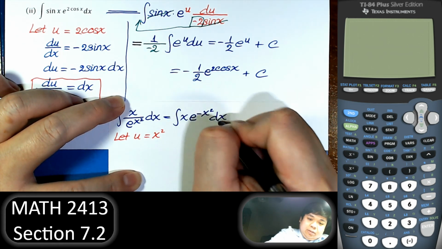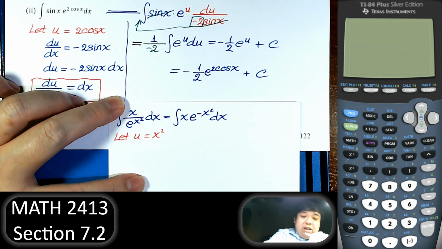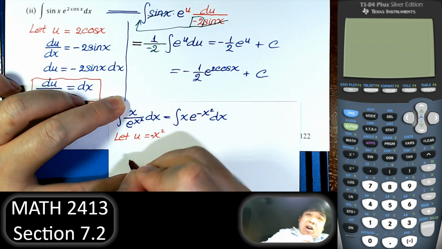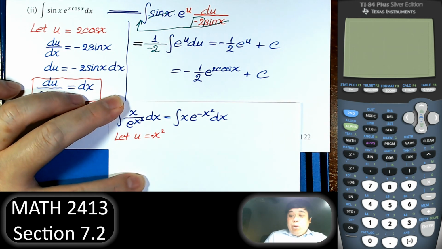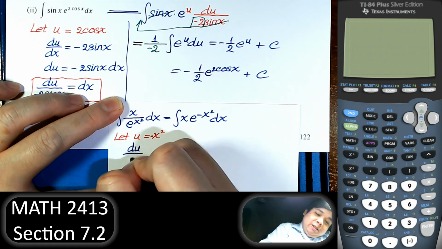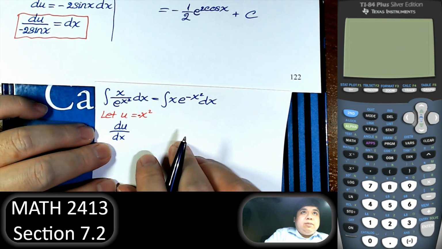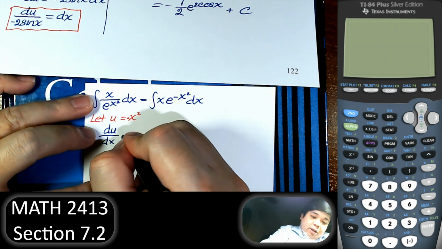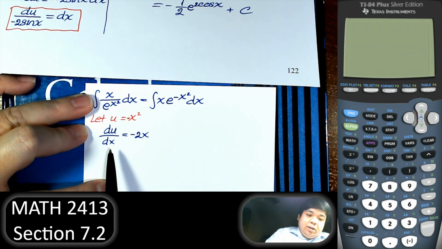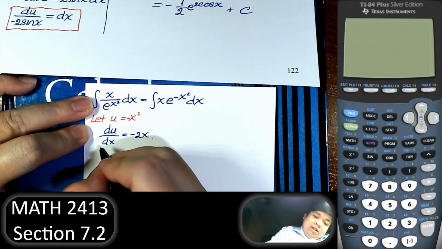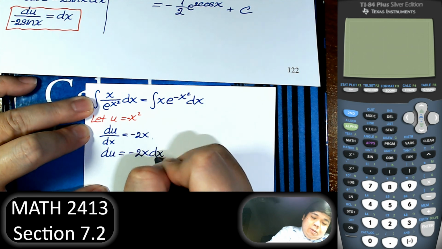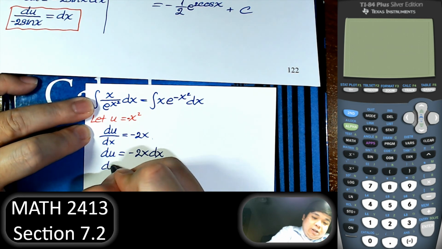Because if this is the case, the substitution would be a lot better. u equals negative x squared, and then we take the derivative. It will be negative 2x. Move the dx and divide by negative 2x.